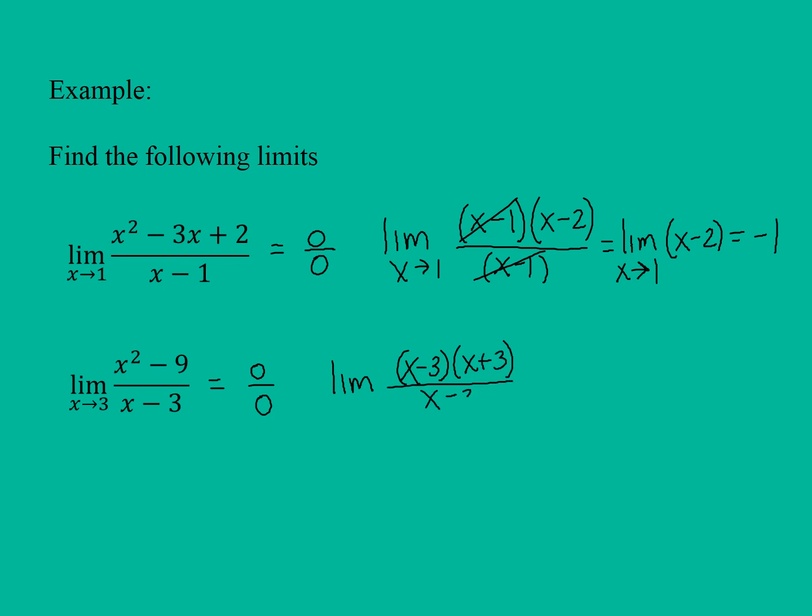So I would factor the numerator, (x minus 3)(x plus 3), all over x minus 3. Now I can reduce x minus 3 with x minus 3. So we have the limit of x plus 3 as x approaches 3, and we can use direct substitution.